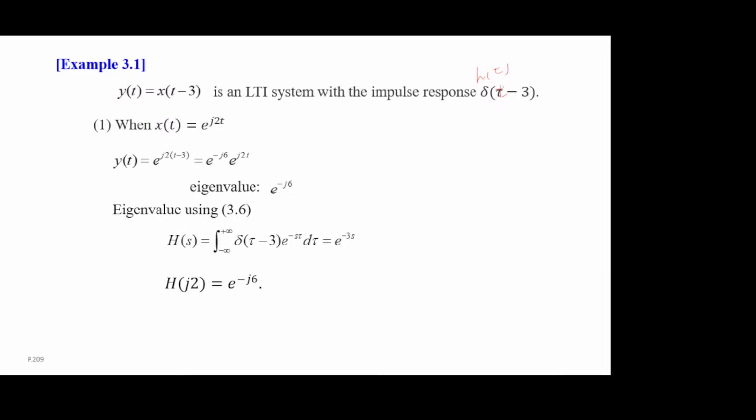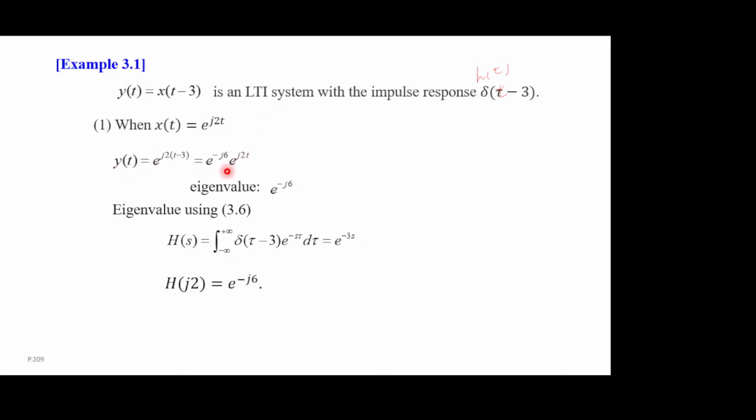Okay. Then we see that if we put x of t, now we try some eigenfunction. So we have s equal to j2 here, j times 2. Remember, j is the imaginary number symbol in the course. Let's see, this is actually an eigenfunction for this LTI system. So let's do a direct calculation.